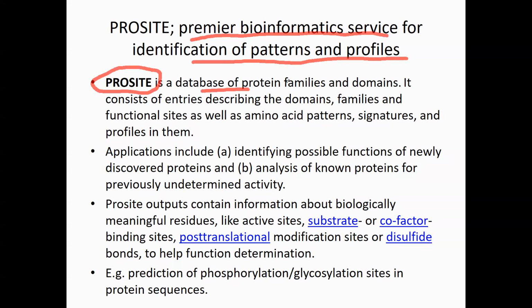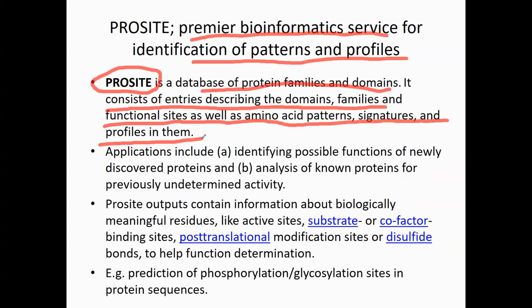This is a database of protein families and domains. It contains entries describing the domains, families, and functional sites, as well as amino acid patterns, signatures, and profiles in them. Okay?